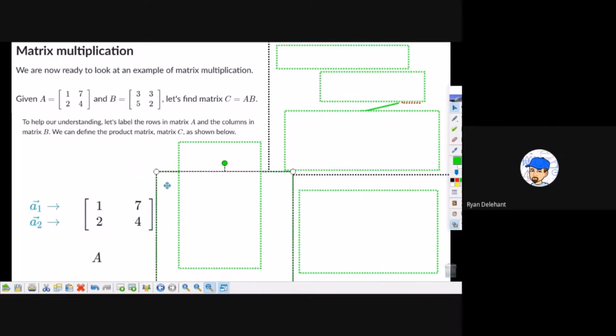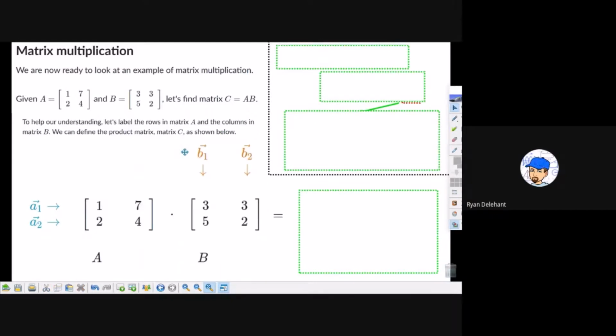From our first matrix, working left to right, we're concerned about the rows. For our second matrix, B, we're not concerned about the rows. We're going to be concerned about the columns. I'm going to denote everything in this column B1, and everything in this column right here B2.